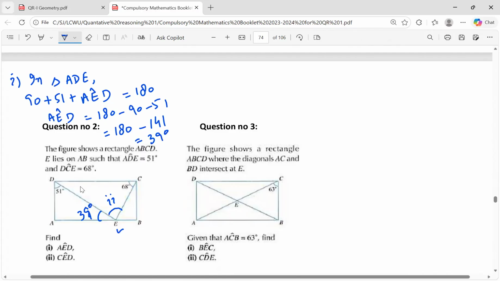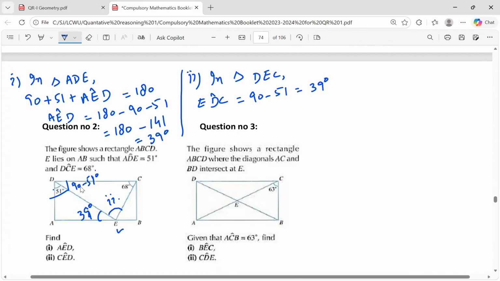Now for this angle that you need to find, again, the sum of these two angles is 90 degrees, so this one angle is 90 minus 51 degrees. Now for the second part, in triangle DEC, first we'll compute the angle EDC. EDC is equal to 90 minus 51 degrees, which is 39 degrees.